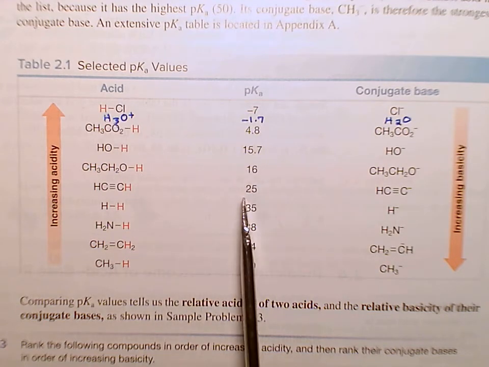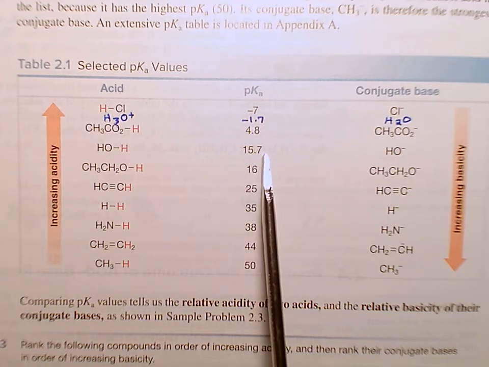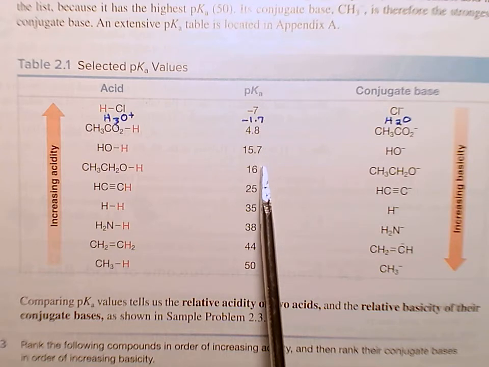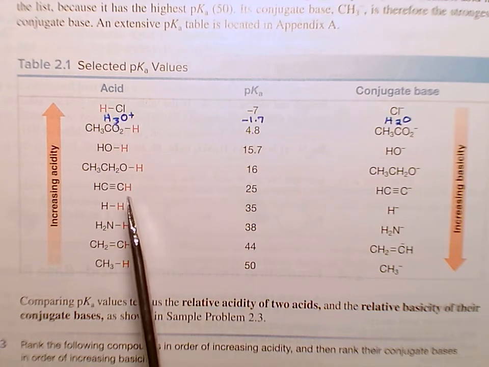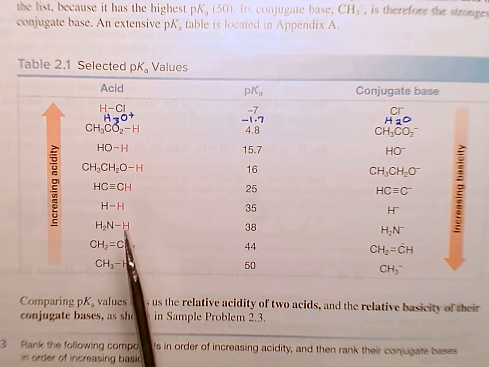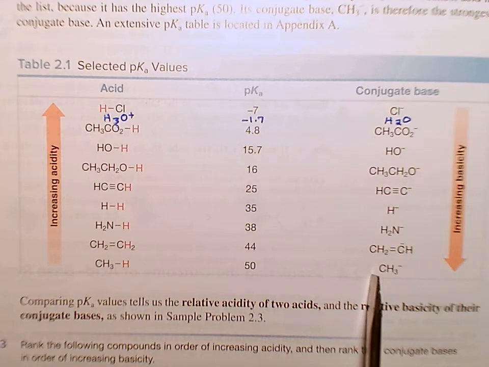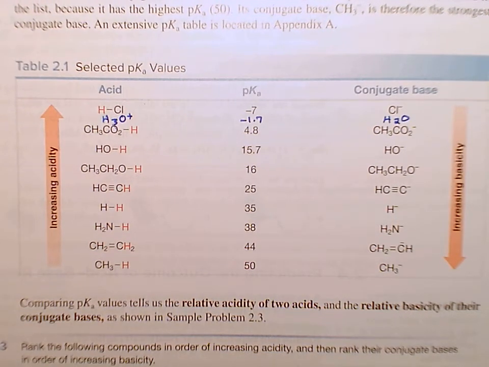All of these other molecules have pKa's larger than water. If these pKa's are larger than water, that means all of these guys are weaker acids. These are weaker acids than water, which means these conjugate bases are all stronger conjugate bases than hydroxide. And that's going to be important in organic chemistry.